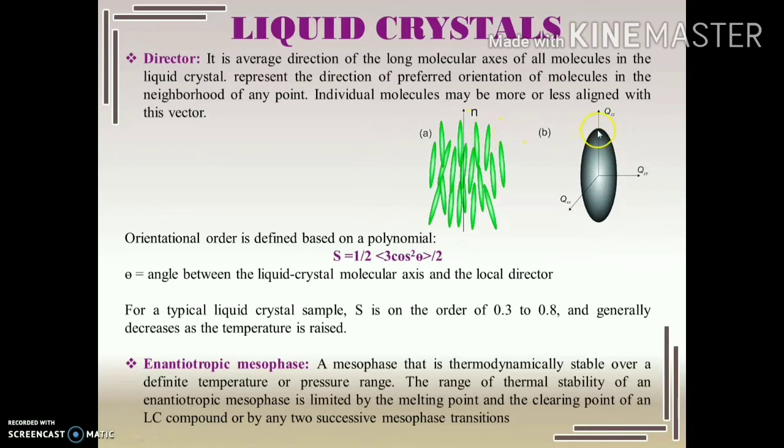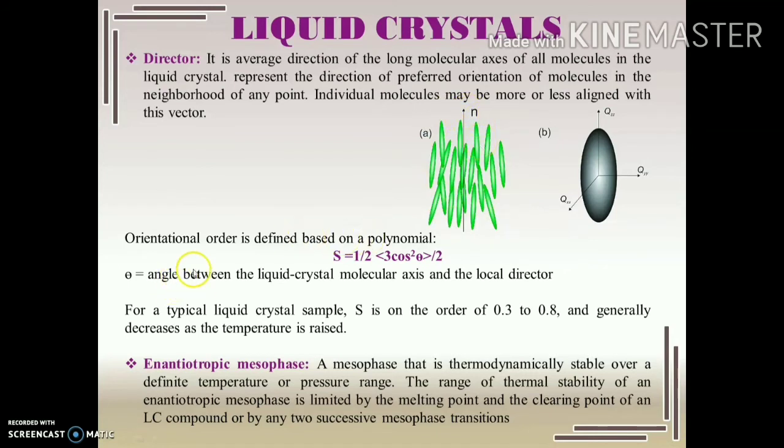If we take one molecule, it is represented in 3D, nothing special about this figure. The individual molecules may be more or less aligned with this vector. So on an average, most of the molecules are aligned along this direction, which is called the director.